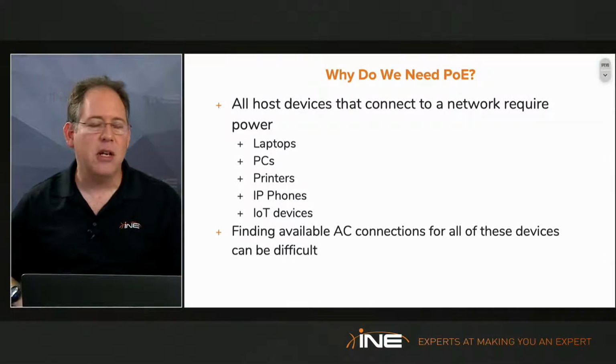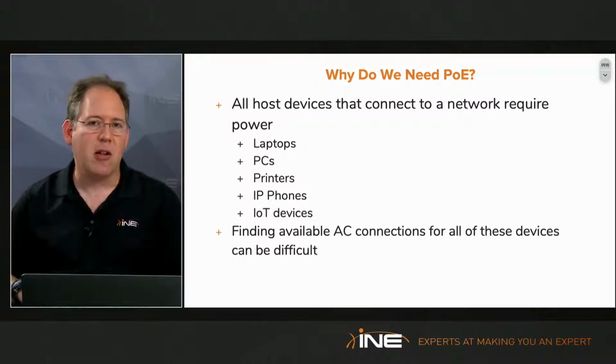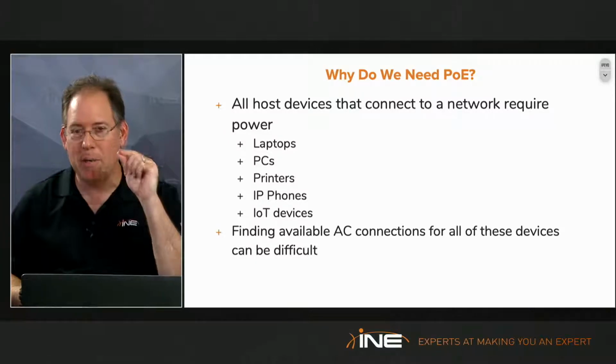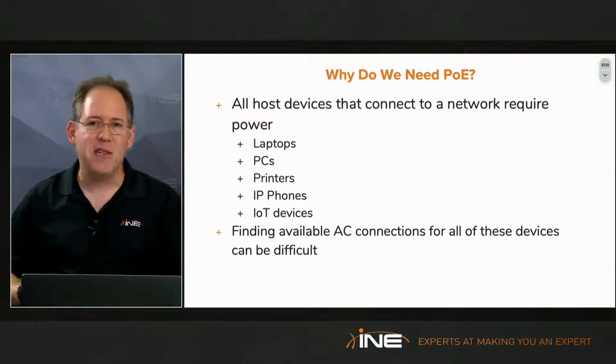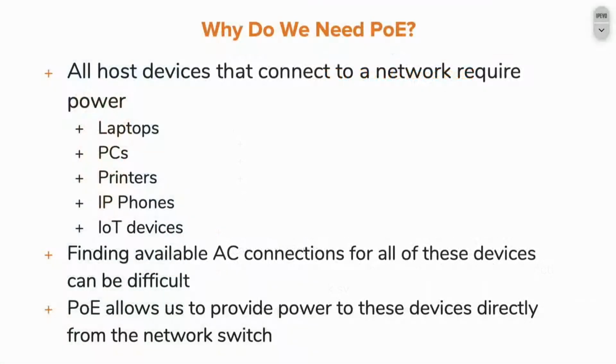And sometimes, due to the placement of where you want this thing to be, finding a close and available AC outlet to run a power cord to this thing isn't feasible or practical. So for this reason, power over Ethernet gives us a practical, useful alternative way to run power to that device over the same cable that's being used to transmit the data.